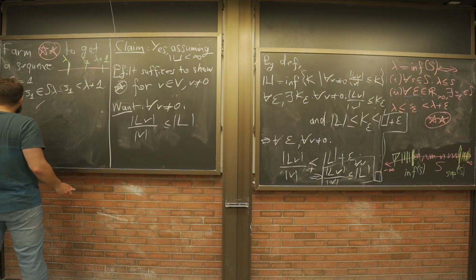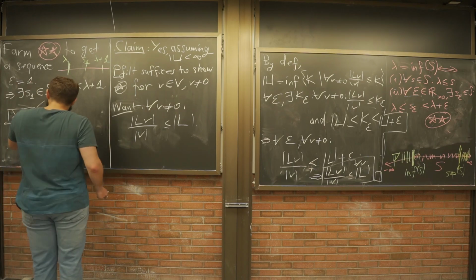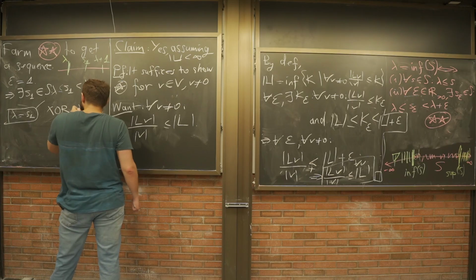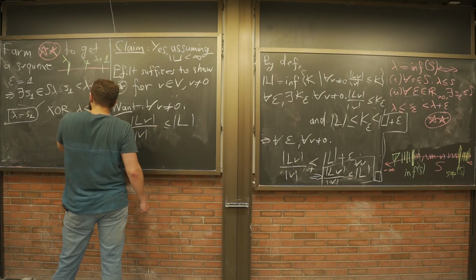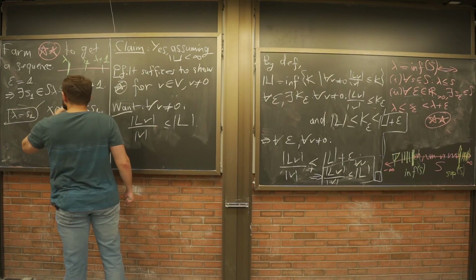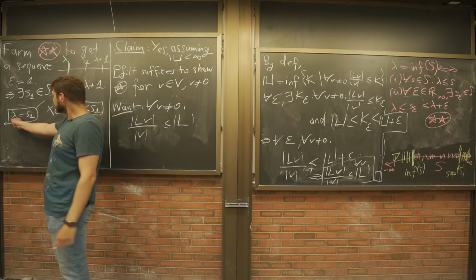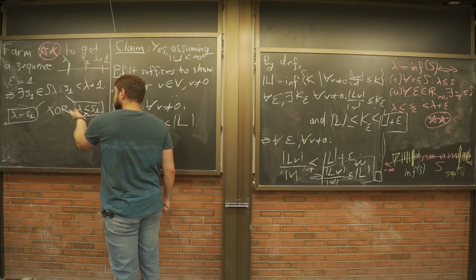So either S1 equals lambda, or it's strictly greater. So it's an exclusive or: not both of these can happen simultaneously. In this case, you're done. In this case, you keep going.